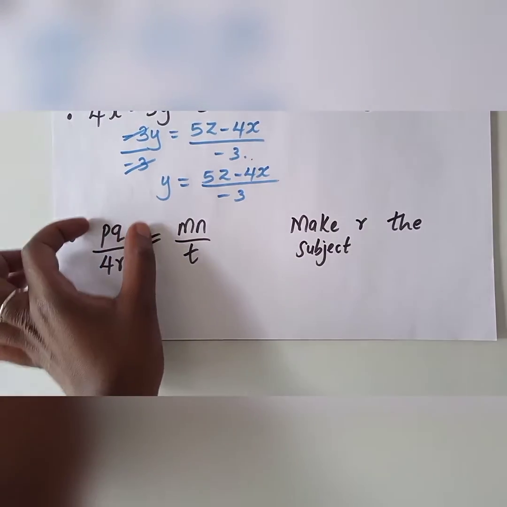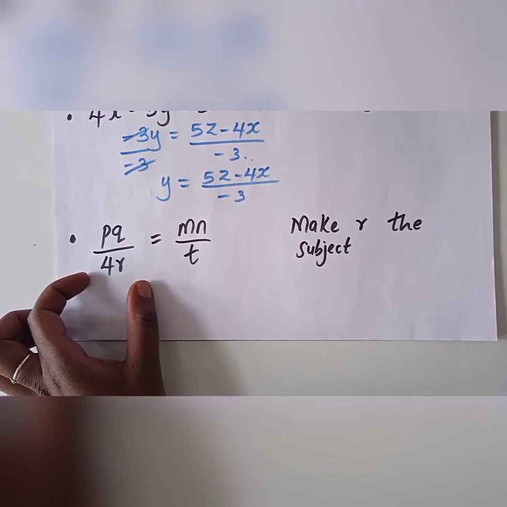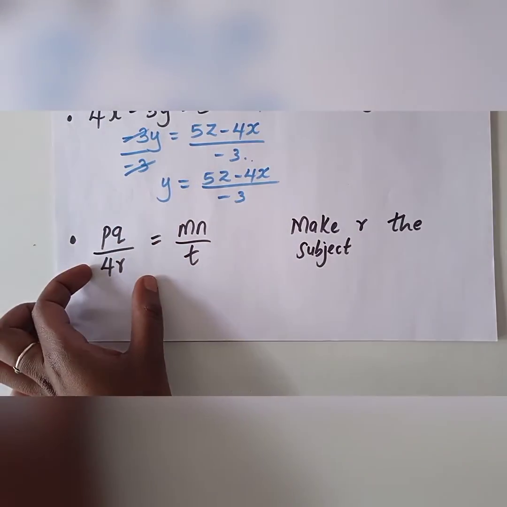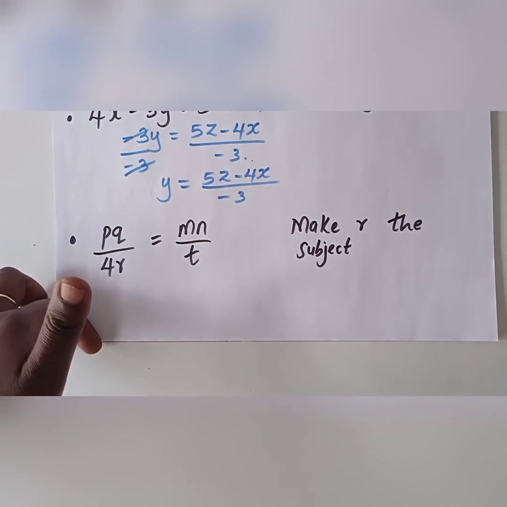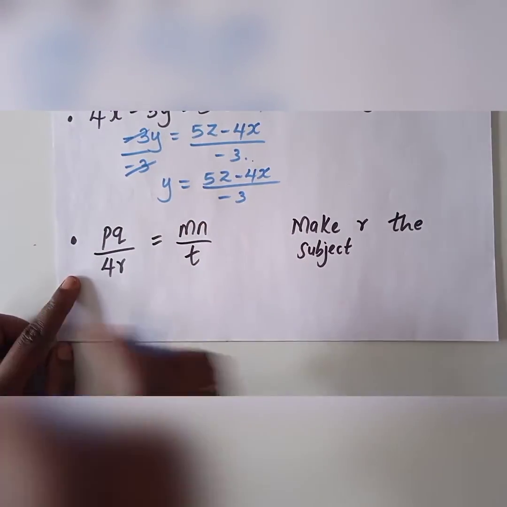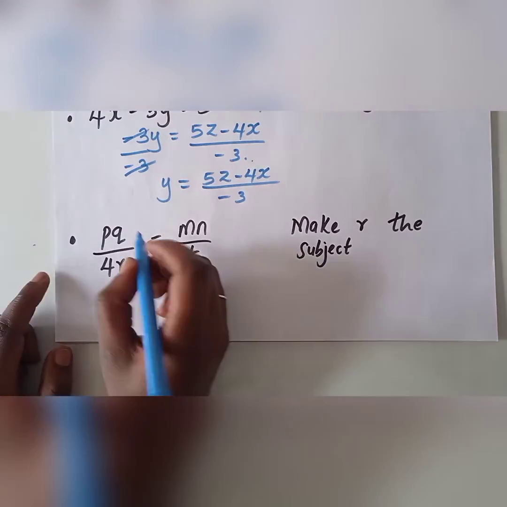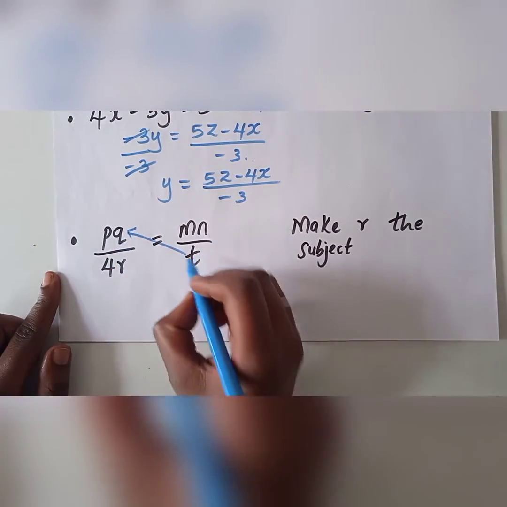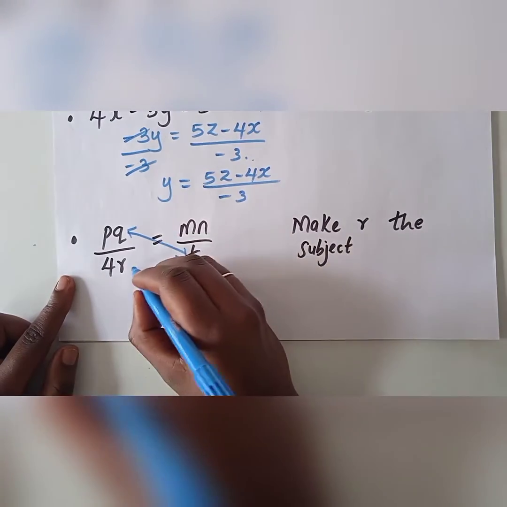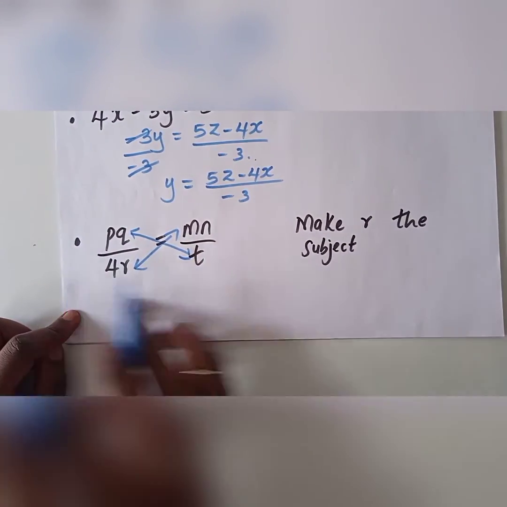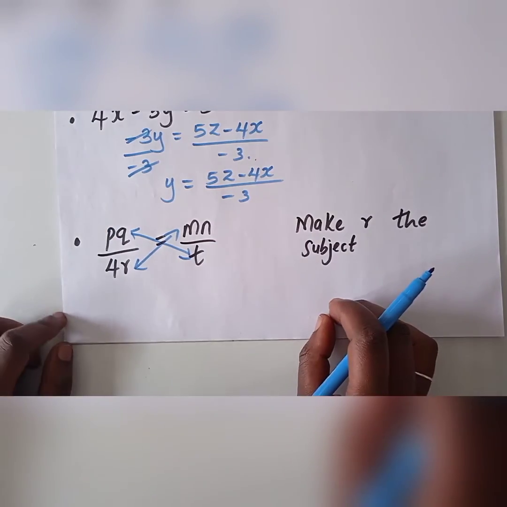And you notice this one is an algebraic fraction, meaning it's a fraction, but it has algebra in it. And also this one is an algebraic fraction, so we need to make it a linear equation. So we do cross multiplication. So this number on top will be multiplied by that one, this one by that one, so that everything is on one line like a linear equation.